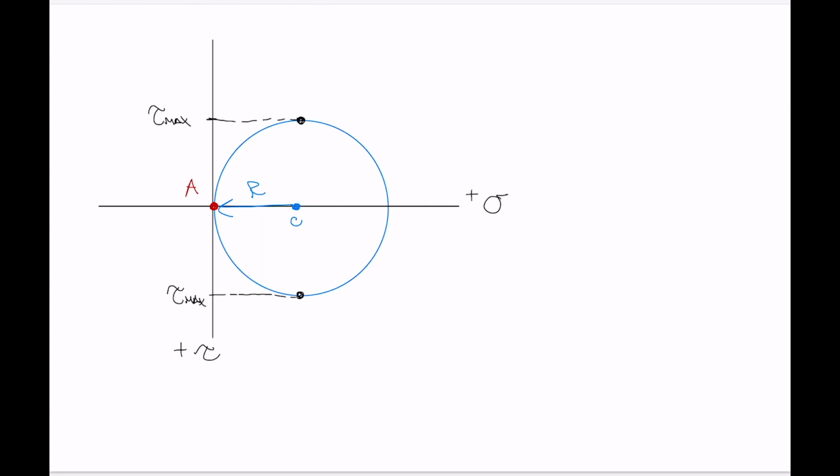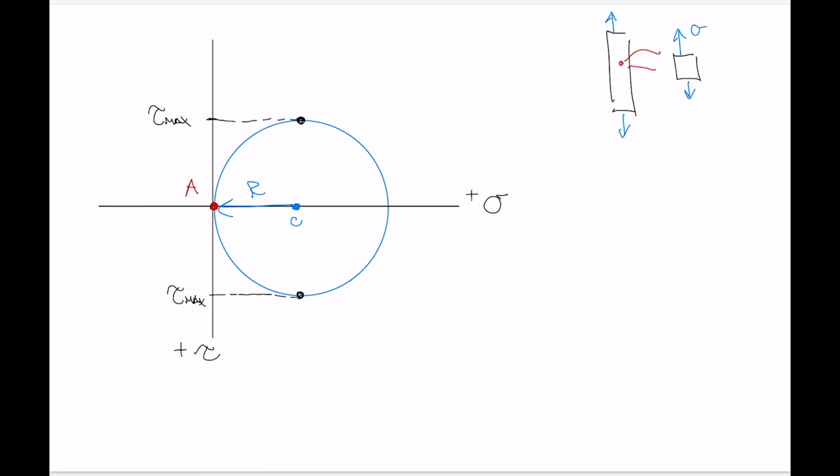So for our situation where we had something just under a tensile load, and we were looking at a particular point, and we said that the in-plane element looked like this, where we've got normal tensile stress.